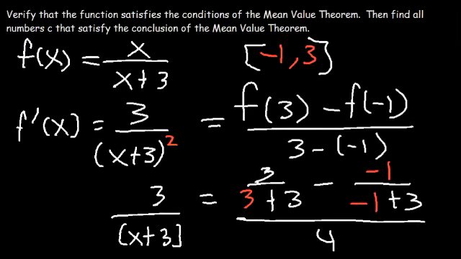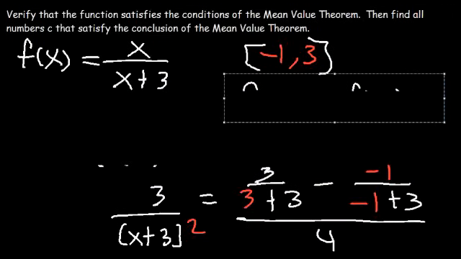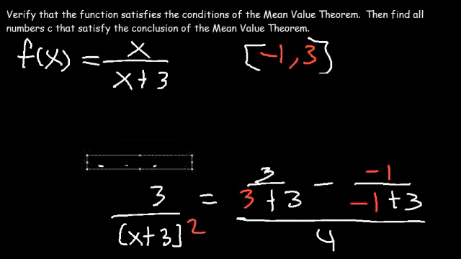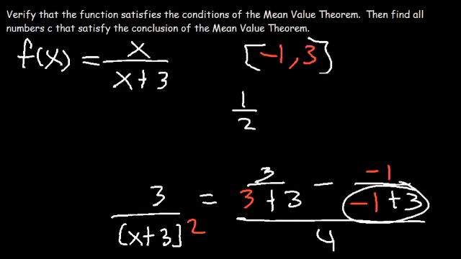So what can we do to simplify this expression? Three plus 3 is 6. So what we have here is 3 over 6, which is 1/2. -1 plus 3 is 2. So this is -1 over 2.